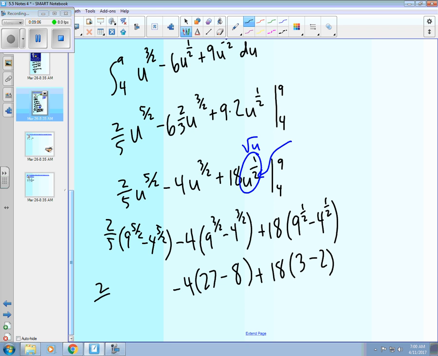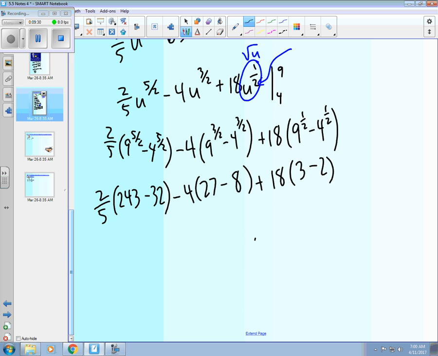Similar on the last one, actually it'd be the first one here. Square root of 9 would be 3. 3 to the 5th power would be 243. Square root of 4 would be 2. 2 to the 5th power is 32. And so now you can figure out what the answer would be by using your calculator.